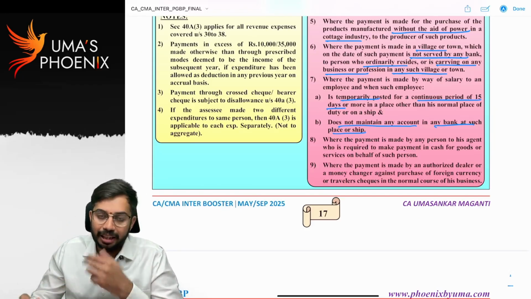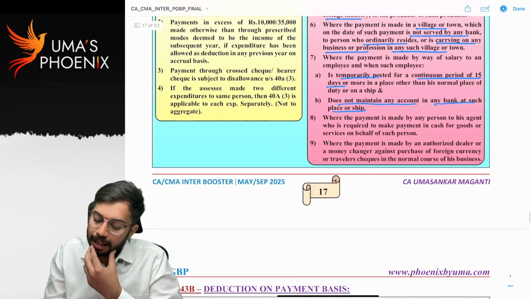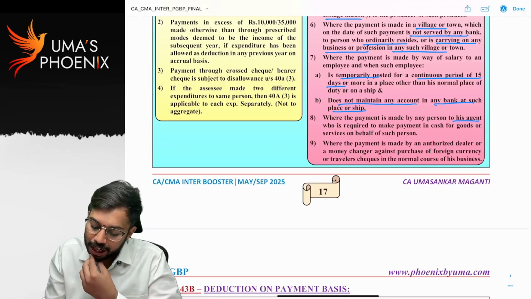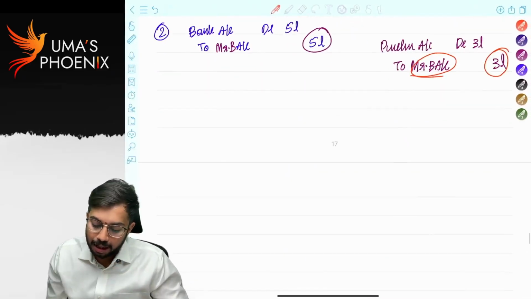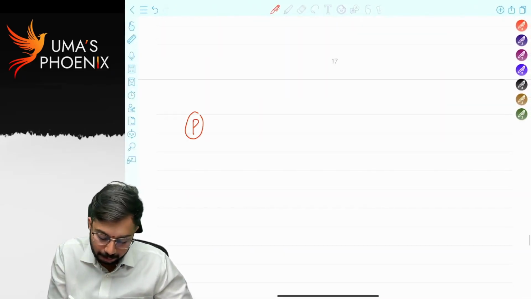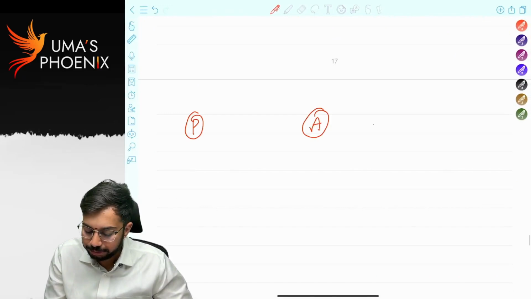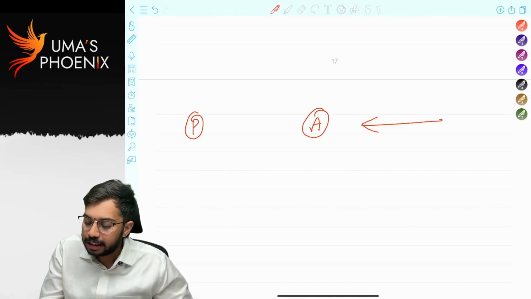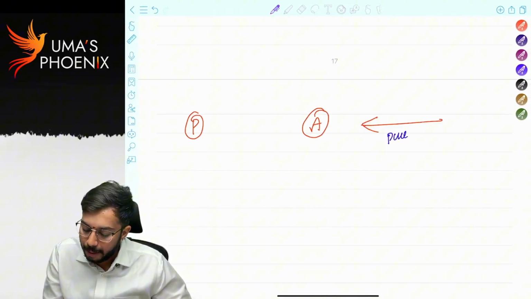Where payment is made by any person to his agent, who is required to make payment in cash for goods or services on behalf of such person. There is principal, there is agent. Agent is purchasing agricultural products.